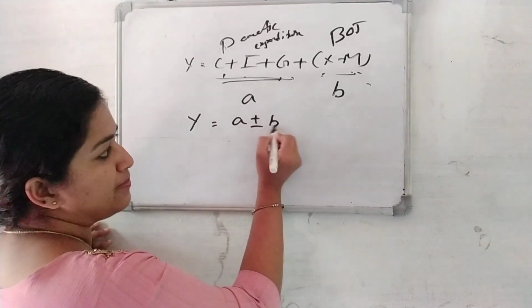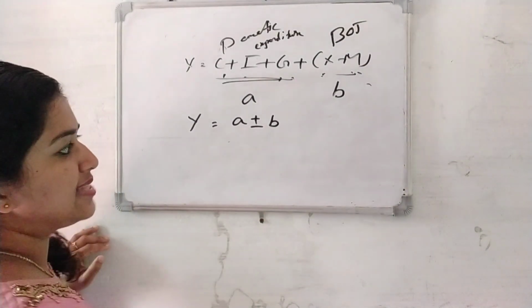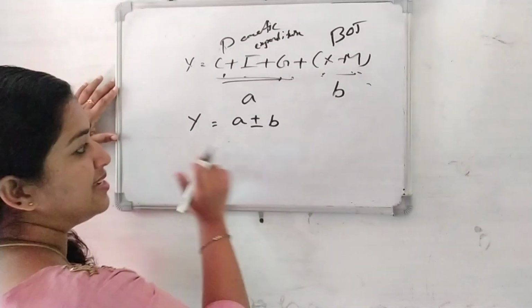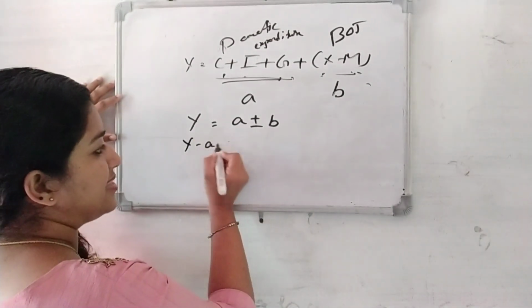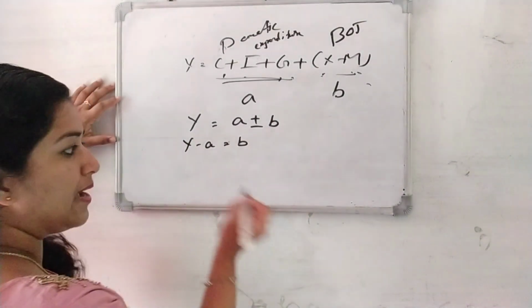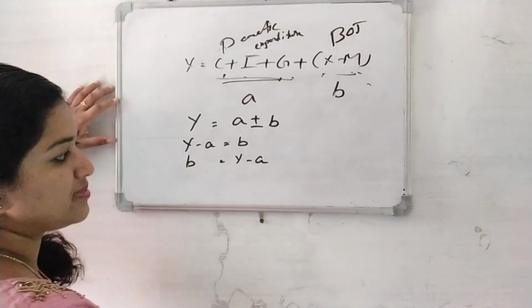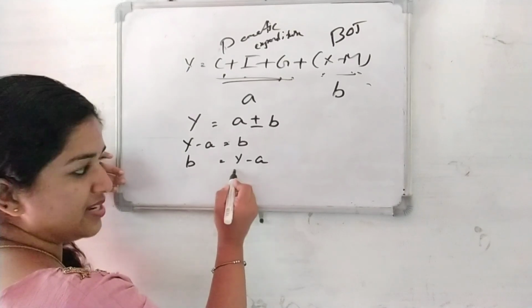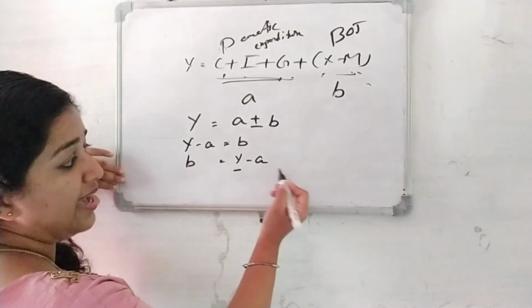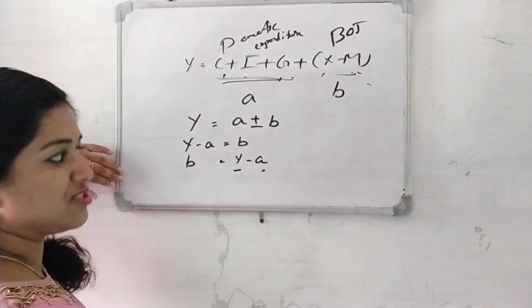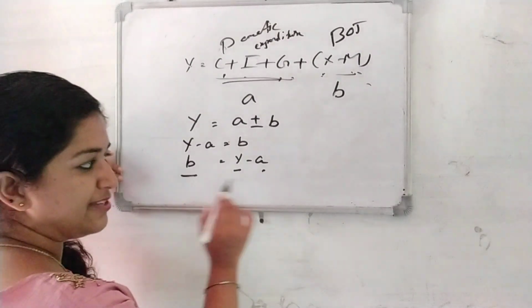Now we can subtract A from both sides. That is, Y - A = B, so B = Y - A. Here Y is national domestic income and A is domestic expenditure. So the balance of trade is the difference.